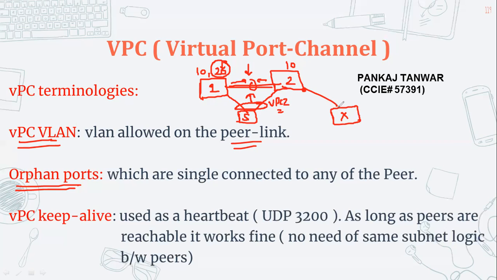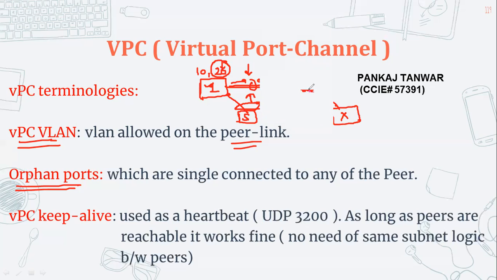Because this server X is not connected to the other peer, switch number 1, and you are not forming any VPC, this port here, let's say it is 1/3, will be called the orphan port.